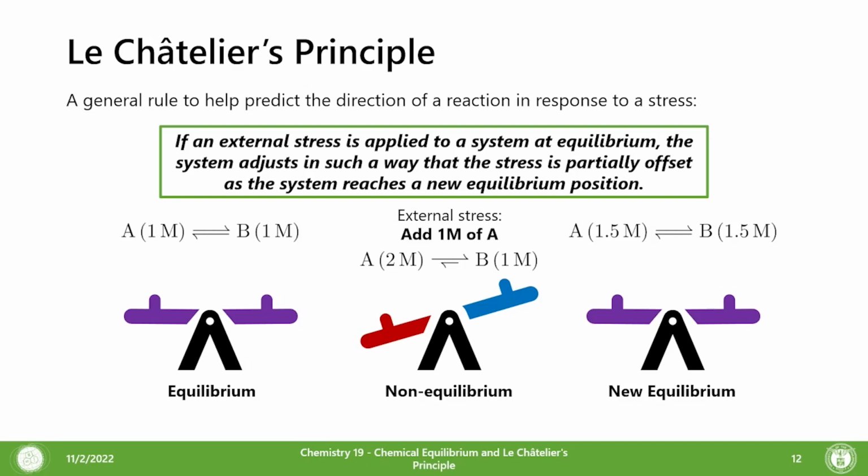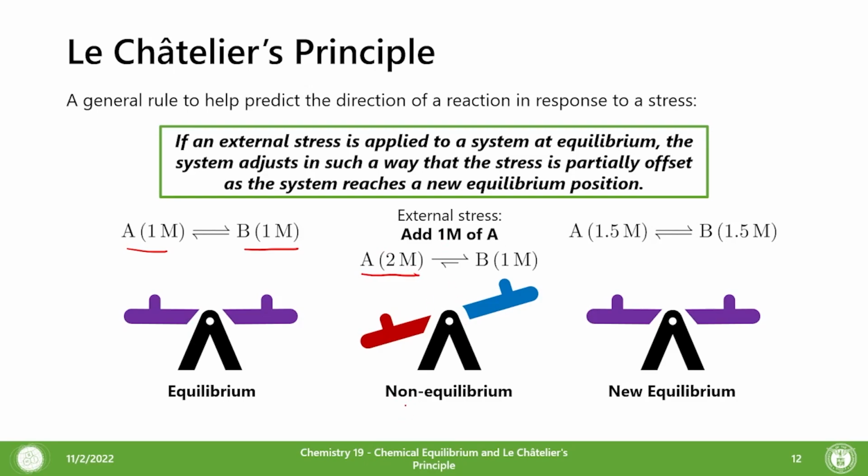Okay, so let's say, for example, we have a system at equilibrium, with 1 molar of A and 1 molar of B, and then we add an external stress. Let's add 1 molar of A on this side.